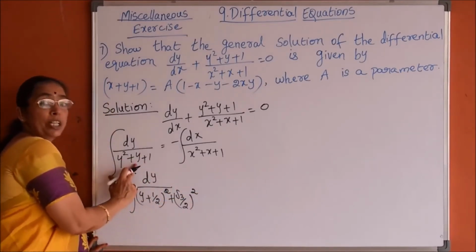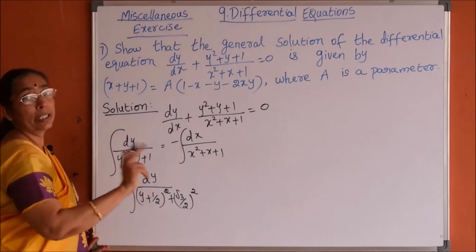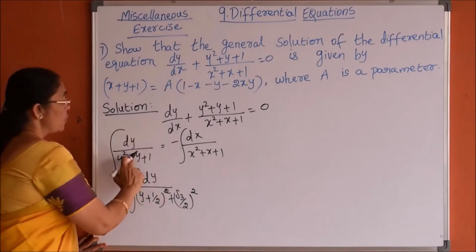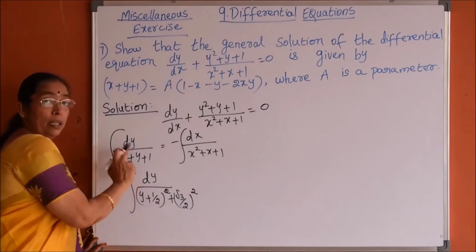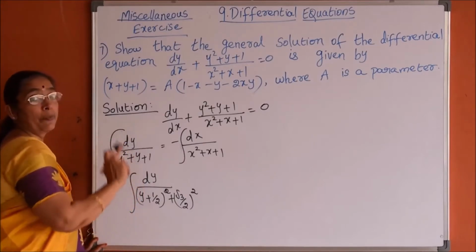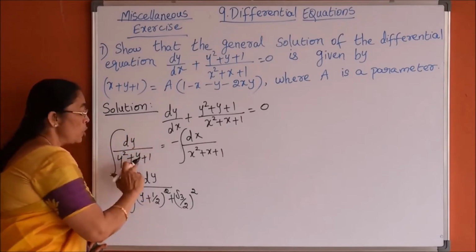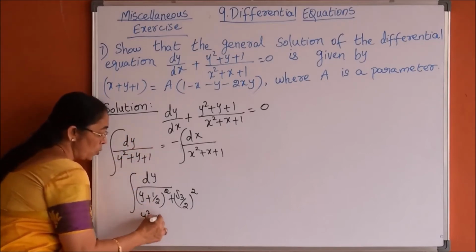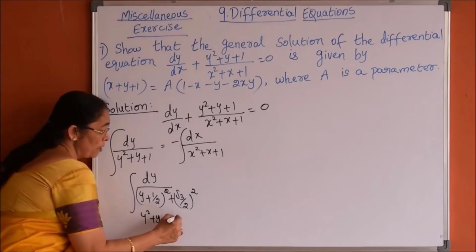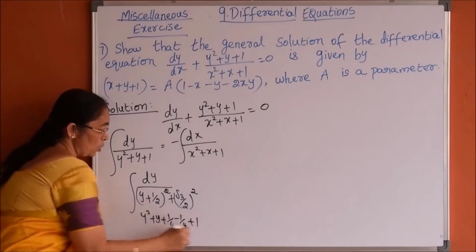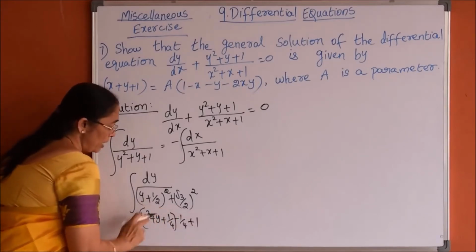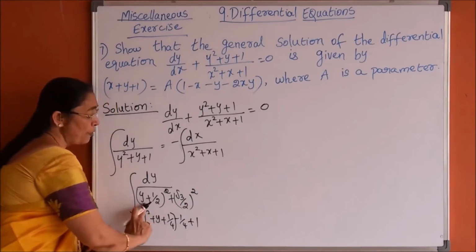Just expand and see, it is just completing square method. Dividing the coefficient of y by 2, square it and add and subtract that term. So, when I divide the coefficient 1 by 2, 1 by 2 we will get, squaring that one, 1 by 4, we should add and subtract 1 by 4. So, y square plus y plus 1 by 4 minus 1 by 4 plus 1. Now, up to this part we can write this one as (y plus half) whole square.